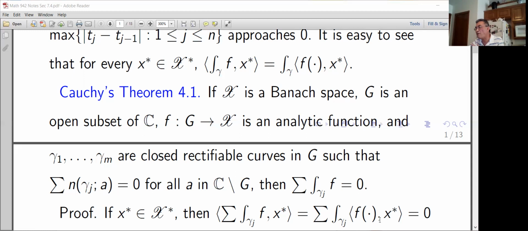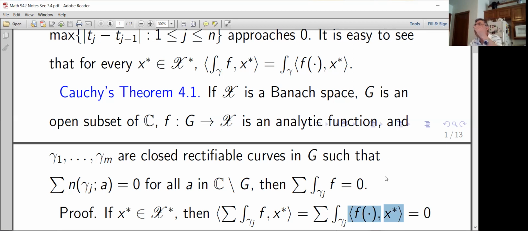After we take the inner product, this integrand is an analytic function. If we take the analytic function here, then we take the inner product with the continuous functional, then this is an analytic function.